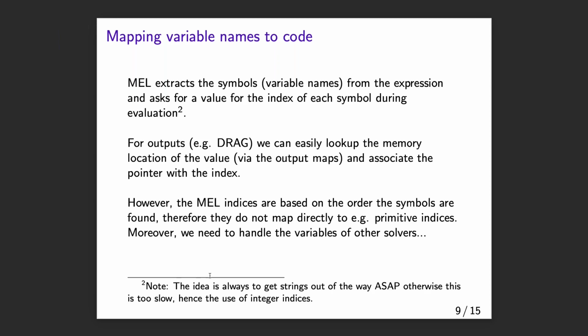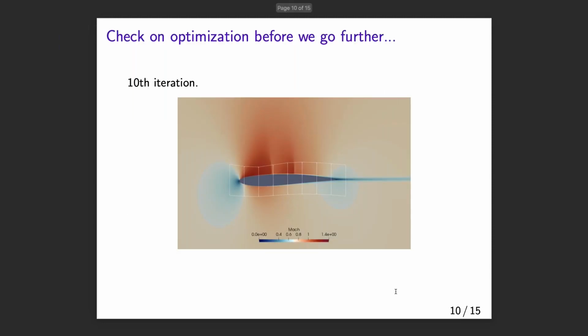And just as a note, if you're wondering why we are dealing with indices and integers and not just with the names of things, it's of course because that's really slow if you are evaluating this expression once per vertex of the markers where you're computing an average, for example. So the idea is always to take strings out of the way and replace that with some code that is more efficient.